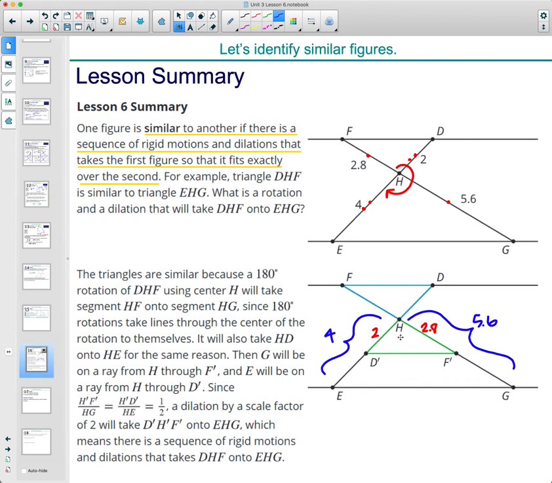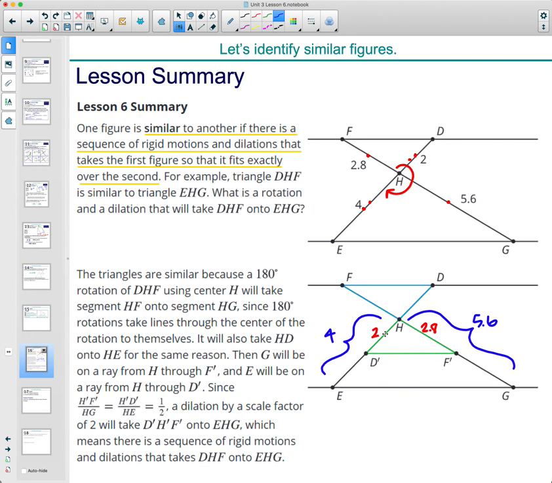If we do a scale factor, either taking the bigger triangle by a dilation of 1/2, reducing the size of this bigger black triangle by 1/2, we'll pull this E down to D prime, and we'll pull this G down to F, because 1/2 of 5.6 is 2.8, and 1/2 of 4 is 2.